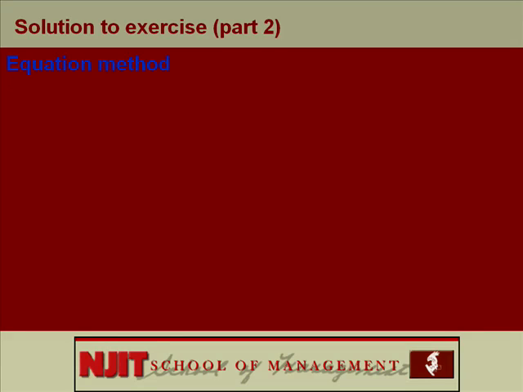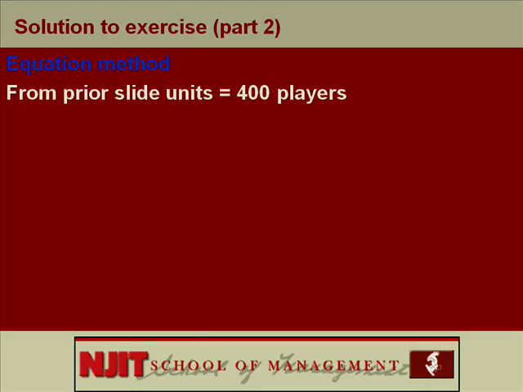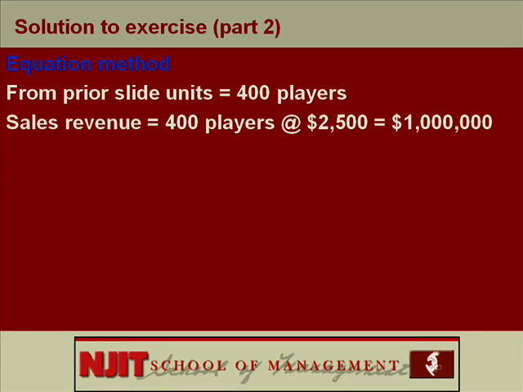Let me use the equation method first. From the prior slide, you know that to break even, you got to sell 400 players. The sales revenue, therefore, is, $2,500 is the selling price per player.